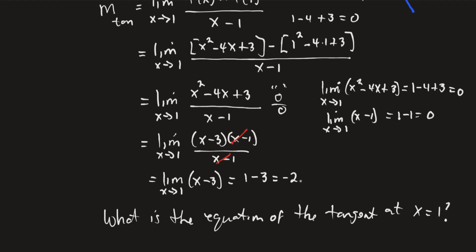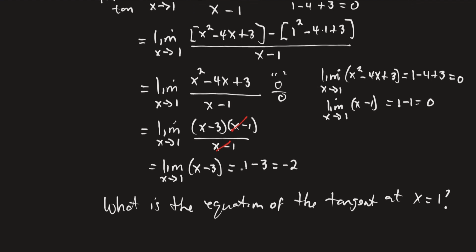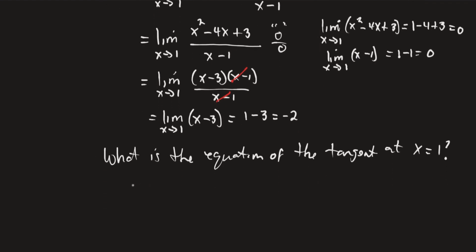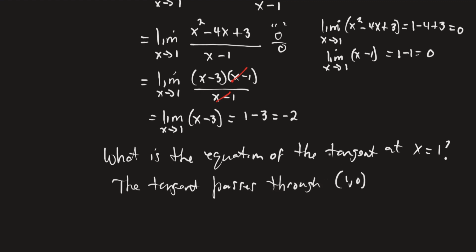Well, now that we know its slope, we know the point that it passes through. It's the point 1 comma 0, because that was one of the roots of the polynomial. So the tangent passes through the point 1 comma 0 with slope negative 2.